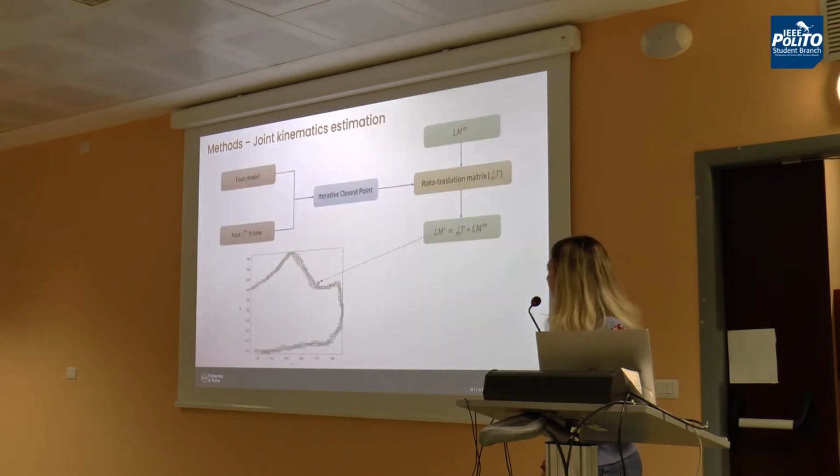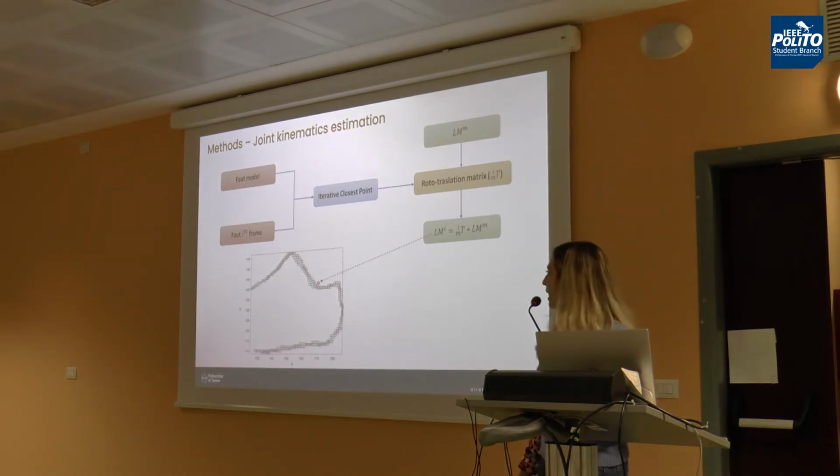After the identification of the foot in each frame, we have to estimate the position of the lateral malleolus in that frame. To achieve this, I align the foot model to the foot in each frame by using an iterative closest point algorithm.